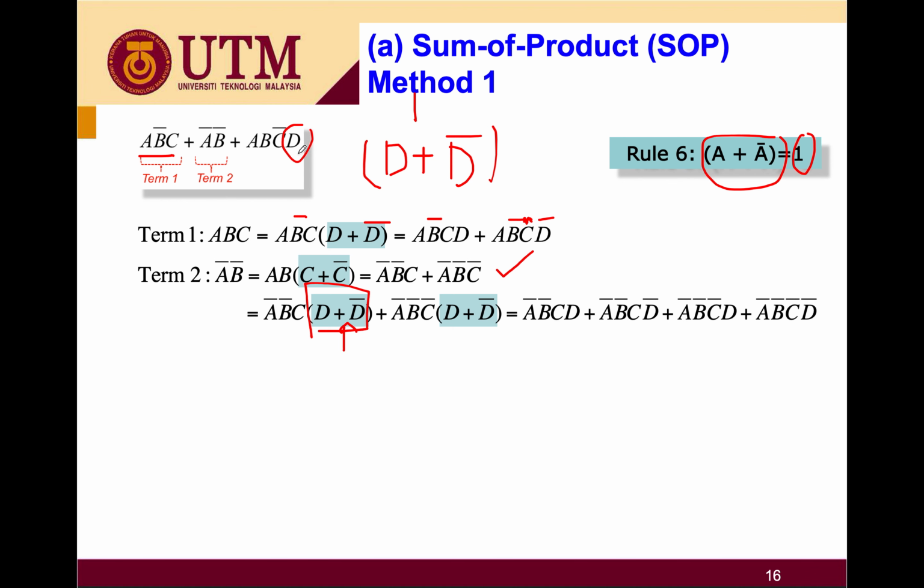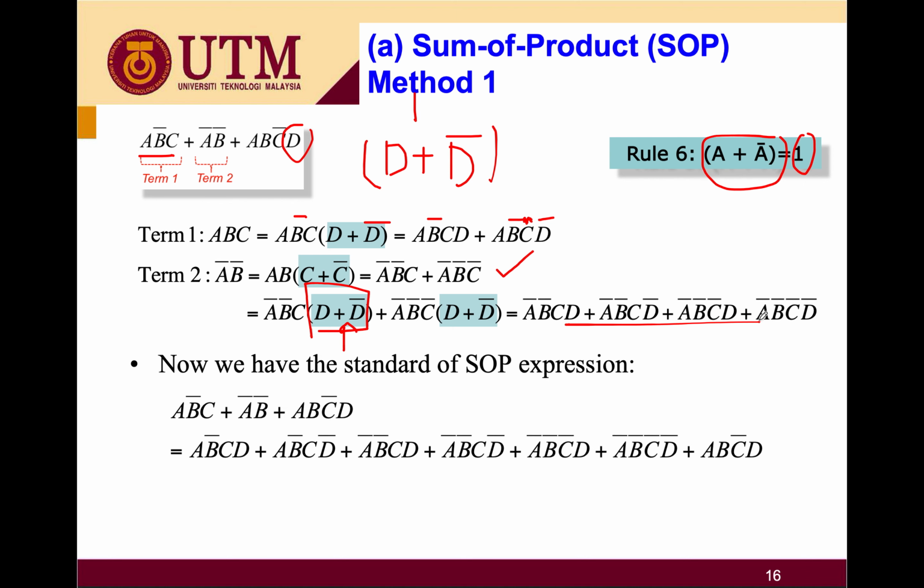You still miss the D. That's why you get it like this. After that, term 3 has all the variables, so there is no need to do anything.